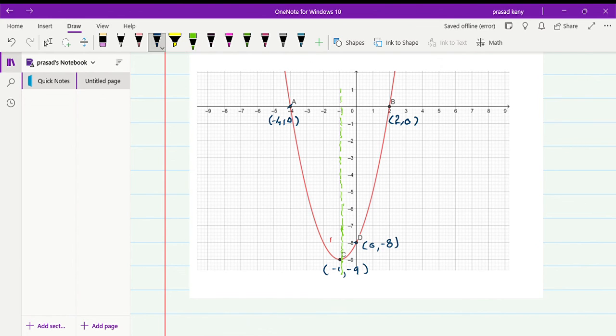One more thing that you can see here is the x-intercepts are negative 4, 0 and 2, 0. So these are the x-intercepts.